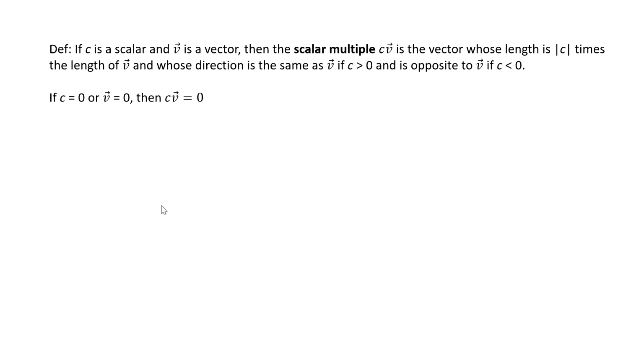I'll explain what all that means in just a second. And another important property is if C equals 0 or V equals 0, the vector itself is a 0 vector. Okay.